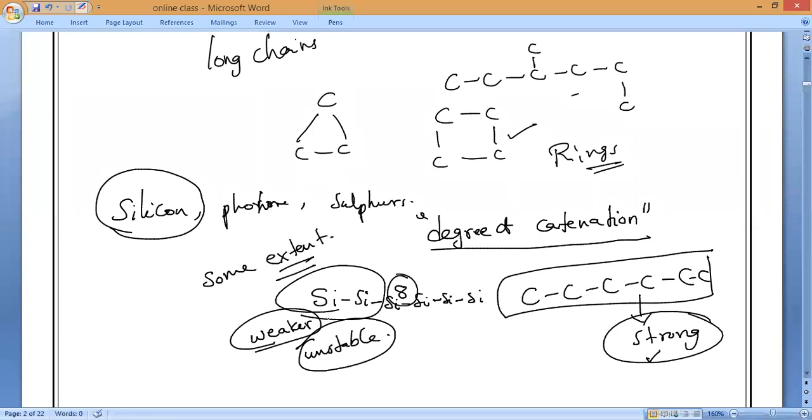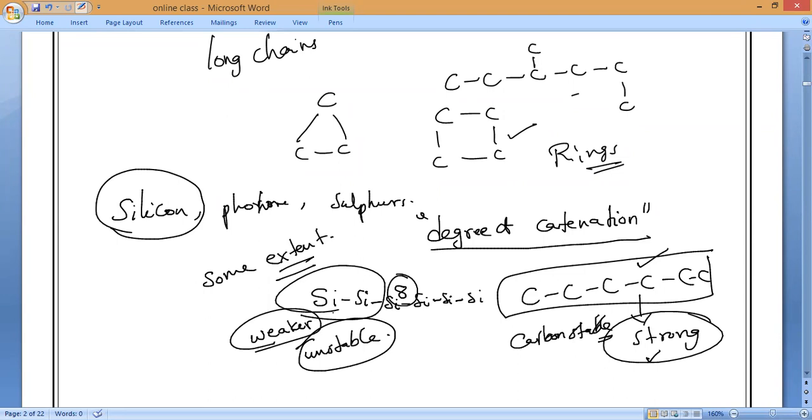But like carbon, no other element will show the catenation property. And also remember, carbon forms stable carbon chains. Do you understand, everybody? Very, very highly stable in nature. You can take any long-chain carbon compounds, they are very, very highly stable.